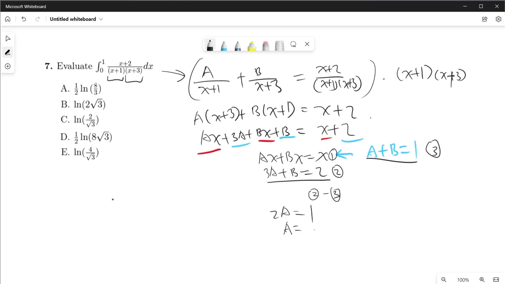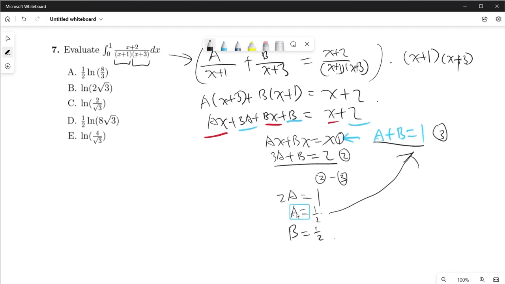And then a will equal a half, and I can plug this back into equation 3, then b is also a half. So here I can plug a and b back into this partial fraction we had earlier. Right, 1/2 over x plus 1 plus 1/2 over x plus 3.